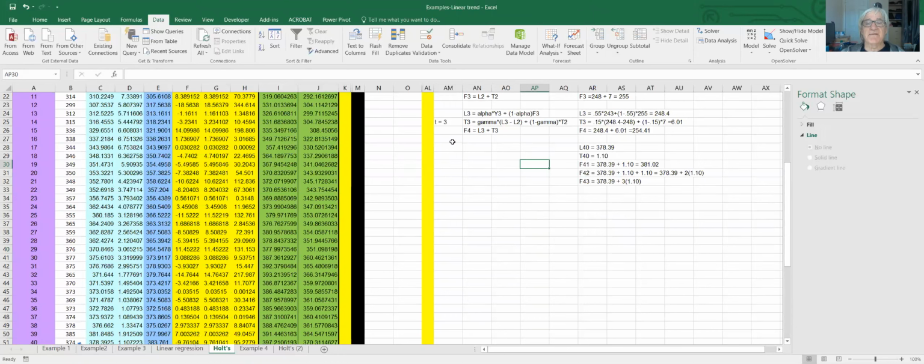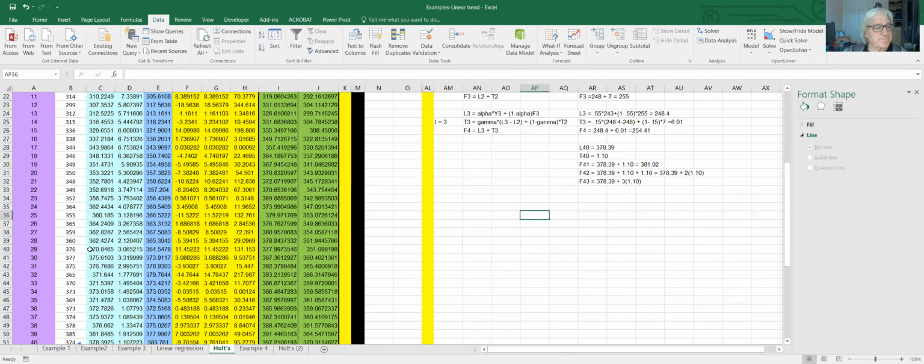You keep doing this for each period and create a new forecast, new forecast, new forecast. And all the time, note that the new forecast is using the most recent information, that's the Y, and the previous forecast that includes all the information behind.